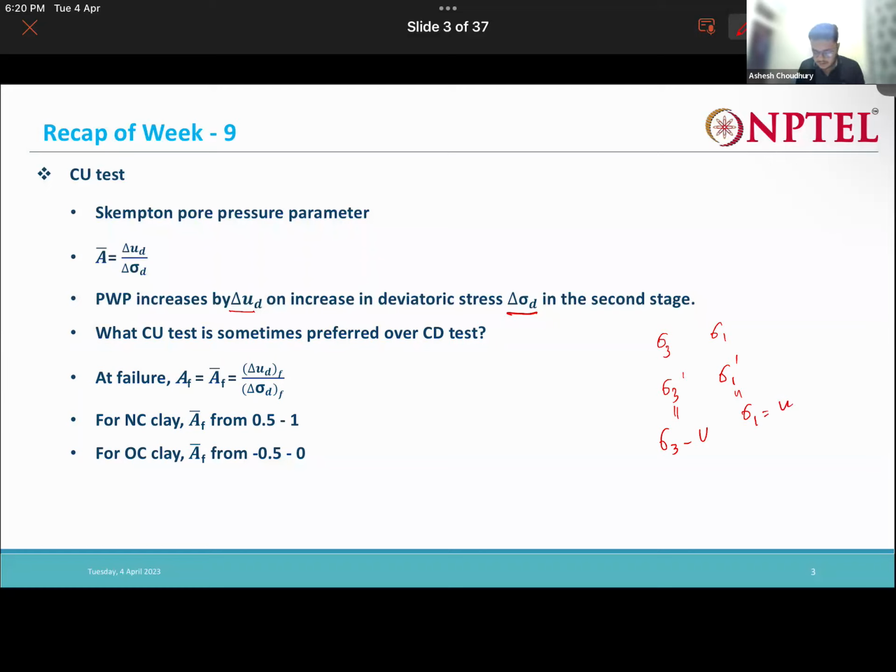So we can get both the total stress circles and the effective stress circles, and so we can get both the envelopes, right? So if this is our total stress circle, then our effective stress envelope will be something like that.